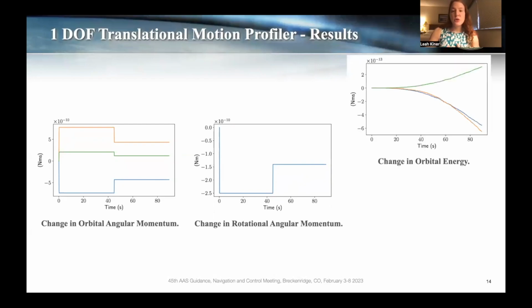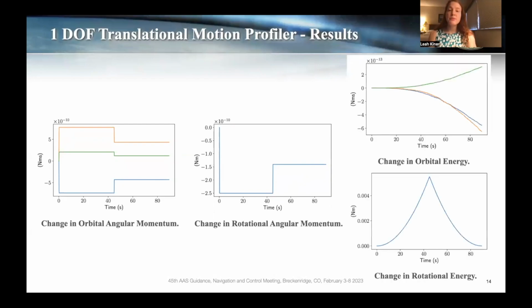And then we also have our change in orbital energy, which is looking great. Our axis is 10 to the negative 13. And again, we're not expecting our rotational energy to be conserved either, because we are accelerating, so we are adding energy into our system, and then we are removing energy when we are decelerating.